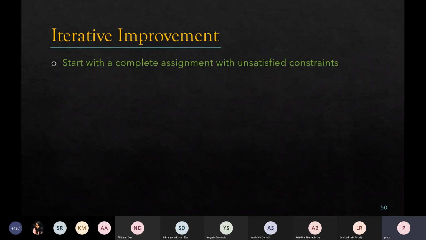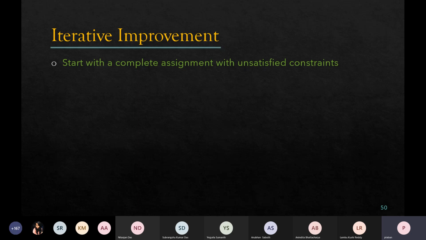Now, all the algorithms that we have talked about earlier, they are kind of algorithms that start with empty assignment, right? And then keep on expanding the assignment by choosing one variable, two variable, three variable. But there is another class of algorithms which will start with a complete assignment.